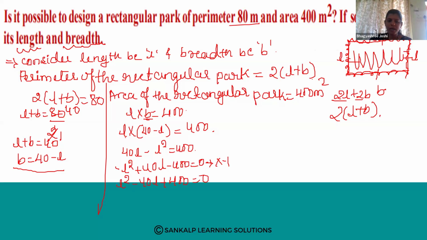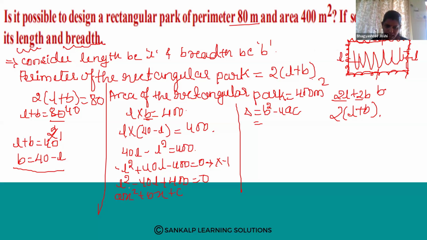Now, my dear students, here I am going to use the discriminant. What is the formula to find the discriminant? Delta is equal to B square minus 4AC. Right. Now it is in the form AX square plus BX plus C, right?